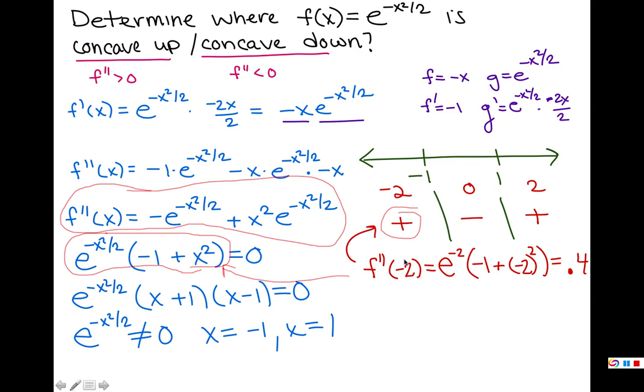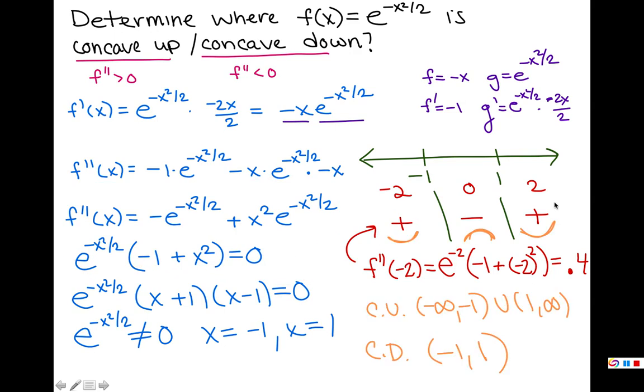Then I did the same thing with the 0 and the 2. I didn't write out my work for 0 and 2, but I put them into my second derivative, used my calculator, and recorded that I got a negative when I plugged in 0, and a positive when I plugged in 2.